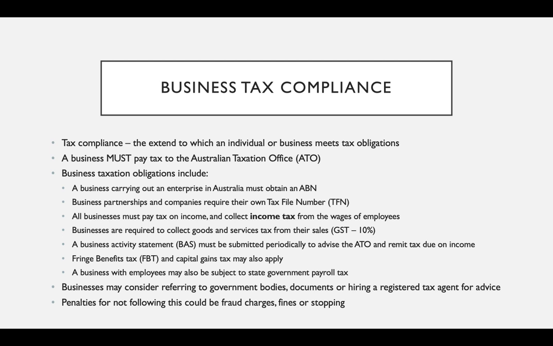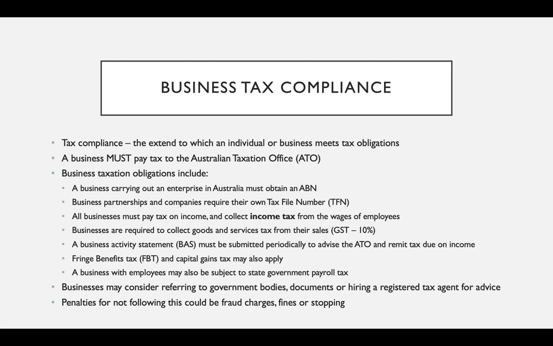That is actually the business's responsibility to make sure that they are taking that tax from you and paying it to the ATO. All right. Obviously, they need to make sure that they are charging GST of 10%, so 10% on top of the base rate. Just remember that is only in Australia.